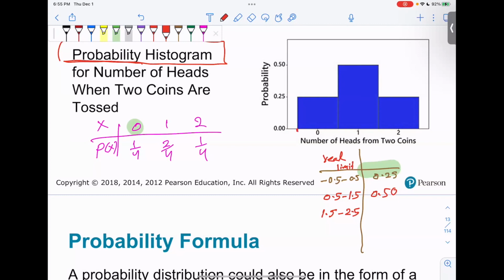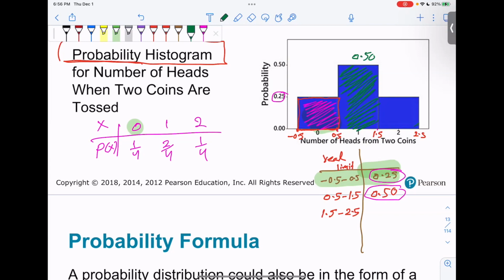So now these are the boundaries or real limits. From here to here, this is negative 0.5 and this is 0.5. And this is 1.5 and this is 2.5. So for the first one, which is this class, we will have 25% here. And then the second one, from 0.5 to 1.5, will be this part, which is 0.5.